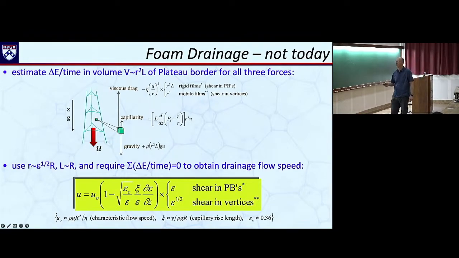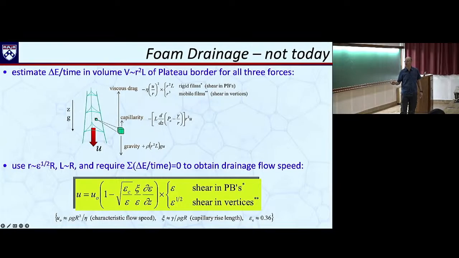Okay, so you get shear in the plateau borders if you have mobile films, so that the flow... you get this term if the surfactants are kind of rigid and provide a no-slip boundary condition for the flow. So there's channel flow in the plateau borders, and this dominates dissipation.